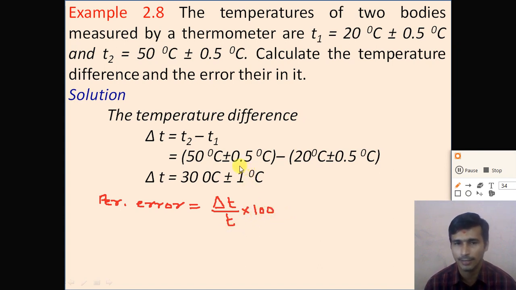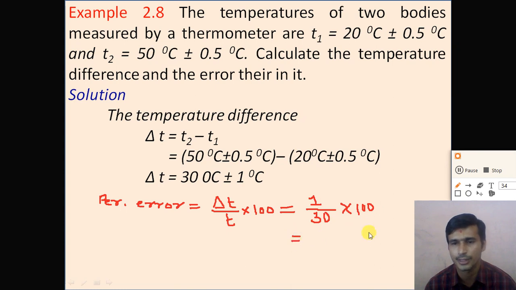So here the average absolute error in the final result, the temperature difference, is 1 degree Celsius. So we put 1 divided by the true value, 30 degrees Celsius, multiplied by 100. If you calculate this, we get the percentage error in the temperature difference.